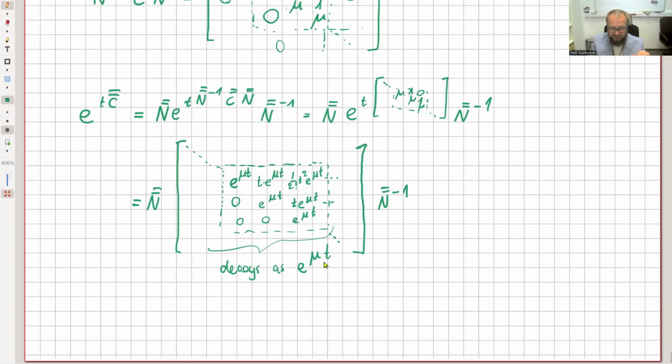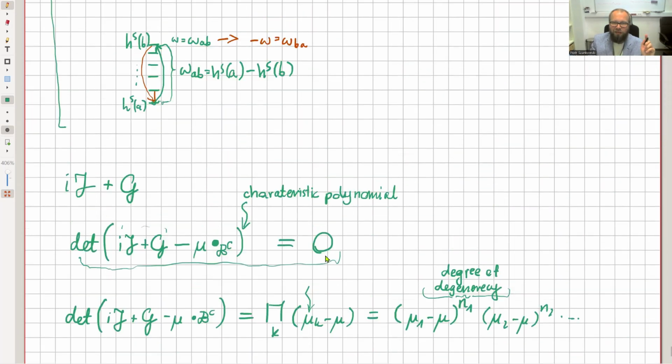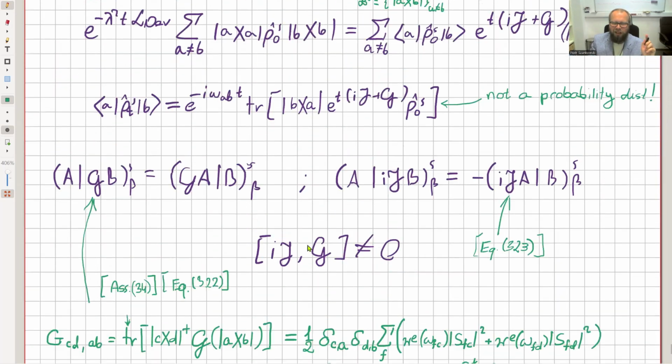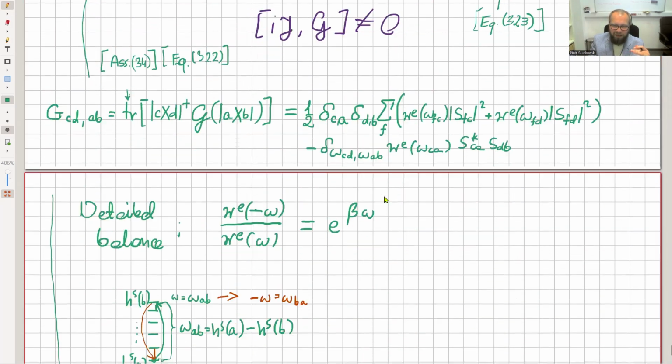So to summarize this, even though our generator in the block spanned by coherences might be defective, we don't have this easy eigensystem decomposition that works so well on the diagonal to give us the first part of thermalization.